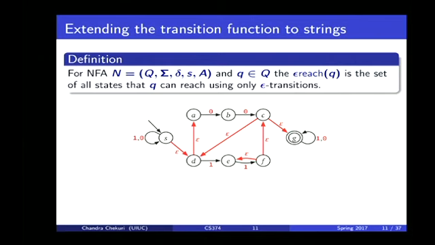If I look at only the epsilon arcs and remove everything else, what are all the states that I can reach from this node? That's precisely the set of all the states I can reach on epsilon. We'll call that the epsilon reach of that state. What is the epsilon reach of S here? S, A, and D.